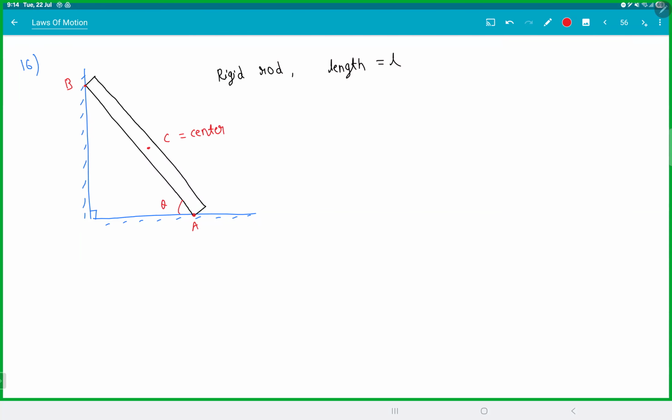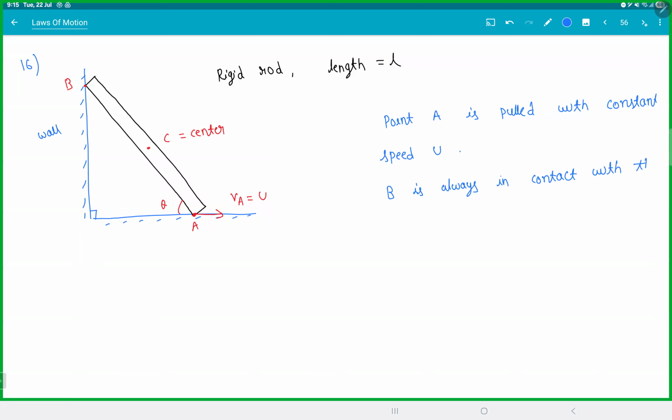Now someone started dragging this point A with a constant speed U. Assume B is always in contact with the wall. Find the velocity of B and the acceleration of B.